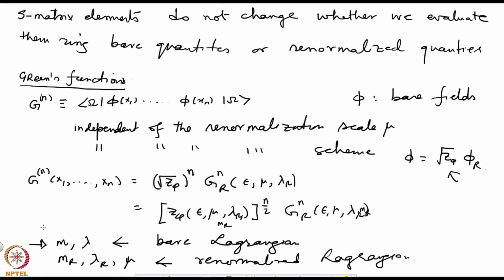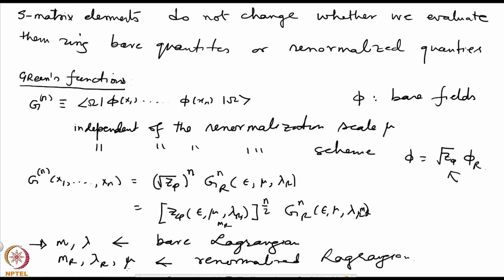And this will happen simply because you have 2 parameters here and more than 2 parameters here. So there is a redundancy in choosing these parameters. You have 2 here, 3 there, so you can choose one of them and vary it, and accordingly you should vary lambda r and mr such that m and lambda do not change.